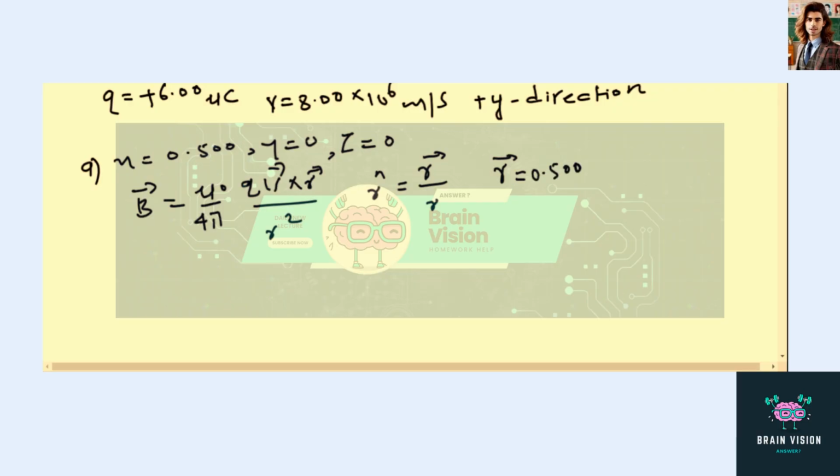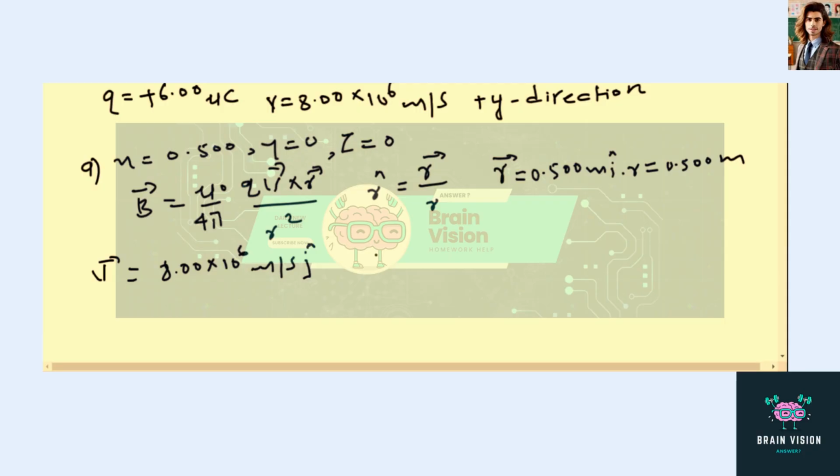0.500 meter i cap, so r is equal to 0.500 meter, and v vector is equal to 8.00 times 10 to the power 6 meter per second in the j cap direction.